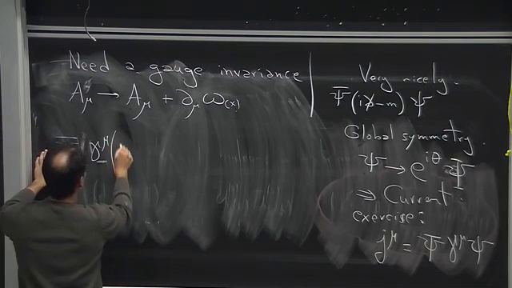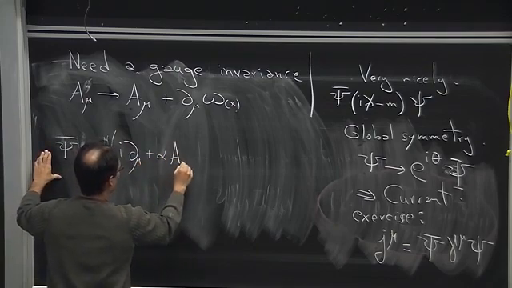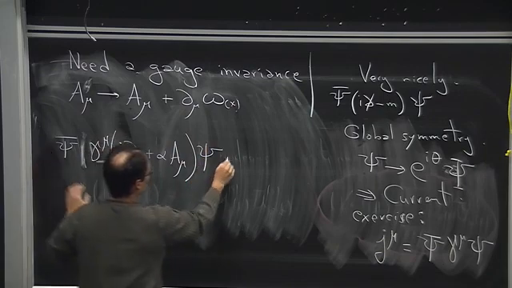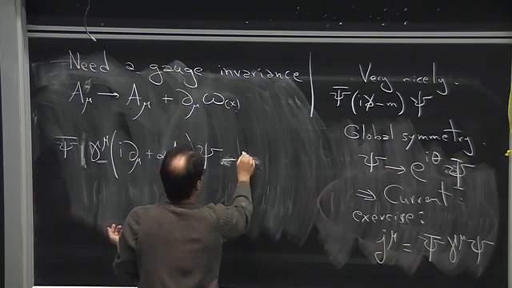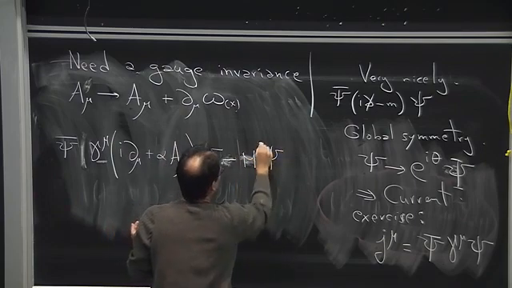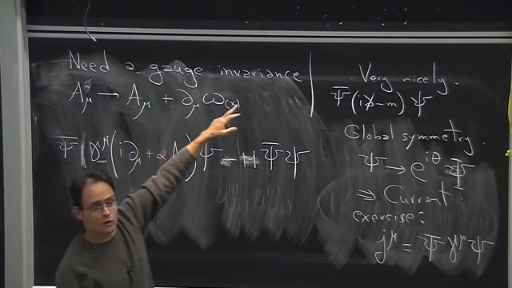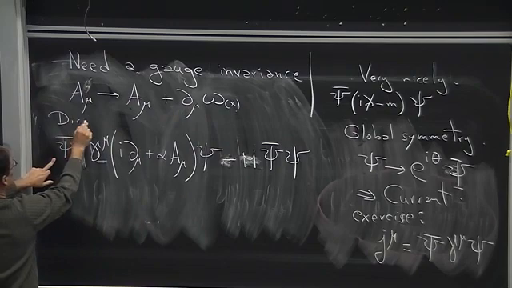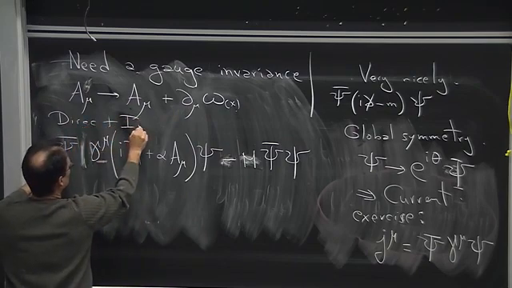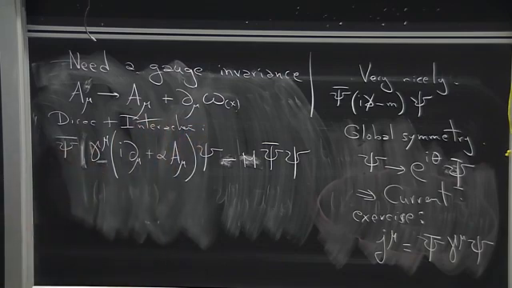Okay, so we get i del mu plus alpha A mu times this, plus a term, or minus a term, that is trivially invariant under anything we do. Okay? So I'm rewriting the Lagrangian plus the interaction term. Is that clear? So this is Dirac plus interaction. Dirac plus interaction looks like this.